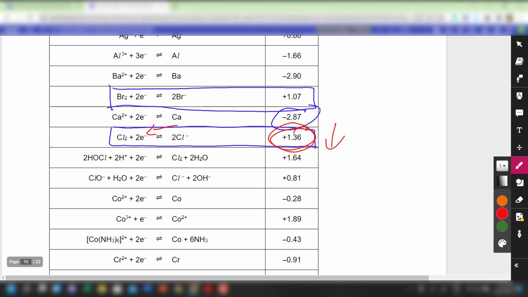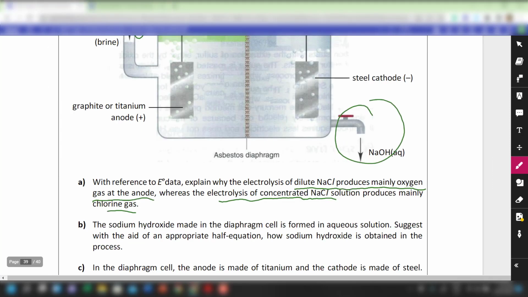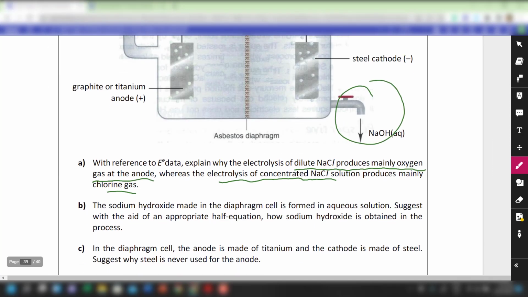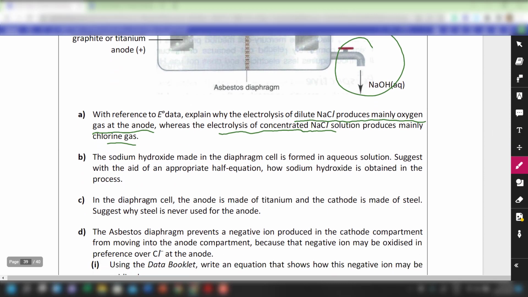Okay, and because the difference between the reduction potential value of chlorine chloride is about 0.1 volts or 0.13 volts to be exact, away from that of oxygen water, yeah, it is possible for the reduction potential to drop below that of oxygen water. Yeah, so when that happens, then chloride will be preferentially oxidized at the anodes. Okay, so I think the answer has already been summarized earlier on as well, but I thought I'd just run you through the process, remind you again.